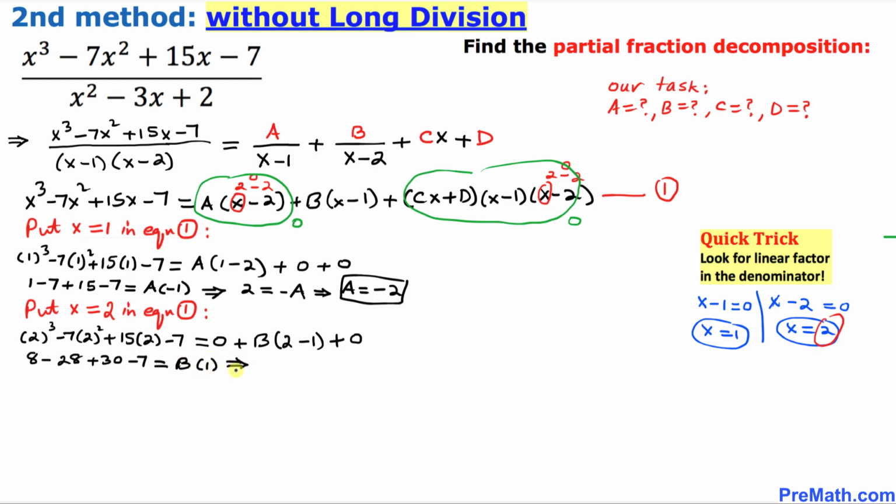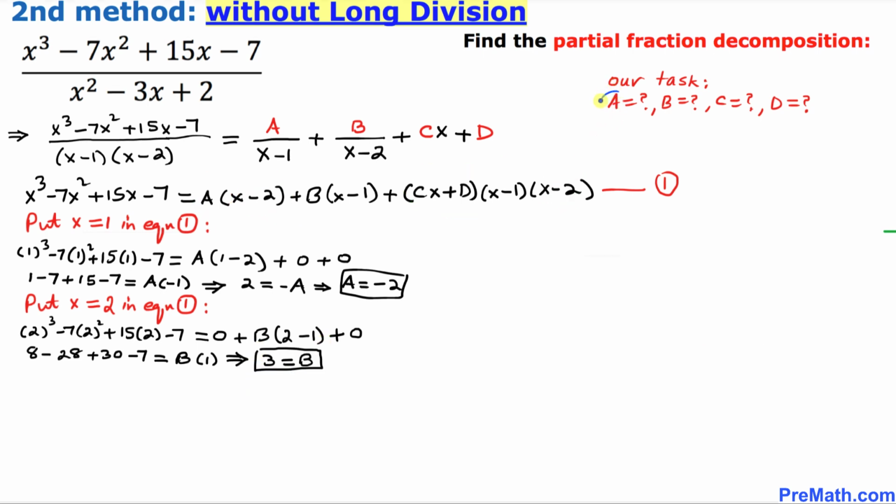And if I simplify the left hand side, that is going to give us 3 equals b. So b value turns out to be 3.